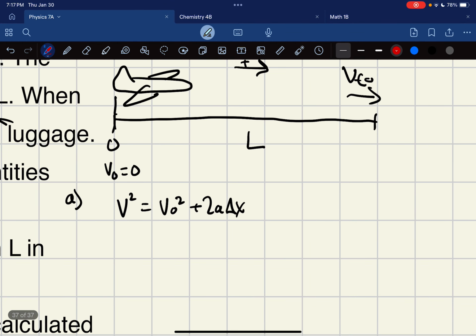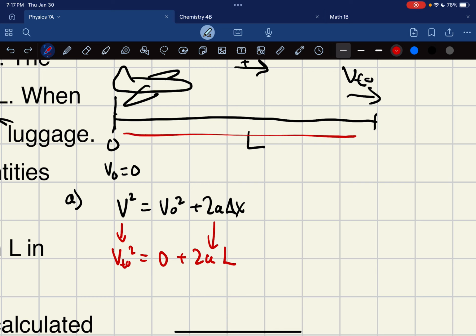V final squared is going to be equivalent to VTO squared, and the initial velocity is going to be 0 because it starts from rest. Acceleration is what we're solving for, and the change in x is going to be L, because we're asking for the minimum acceleration to just start flying when we get to the end of the runway.